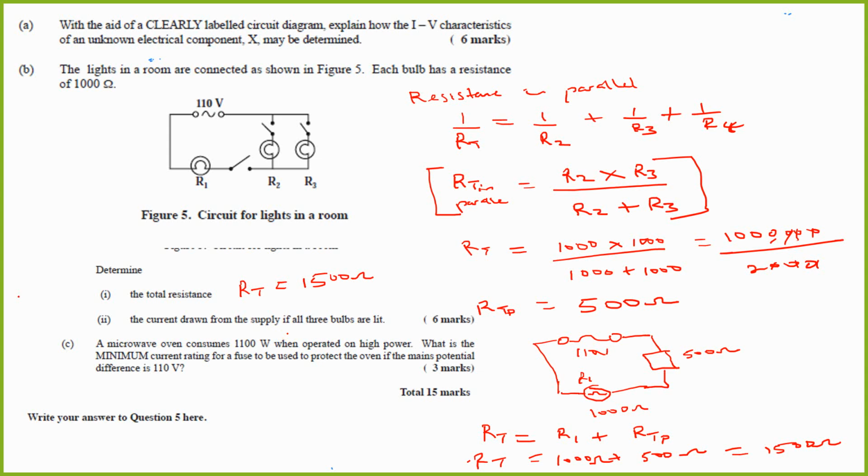Now, if I know the total voltage that is supplied to the circuit, and if I know the total resistance in the circuit, then I can find out the total amount of current that is being drawn from the power supply. Do you know of an equation that links these variables that we could use to find the current?